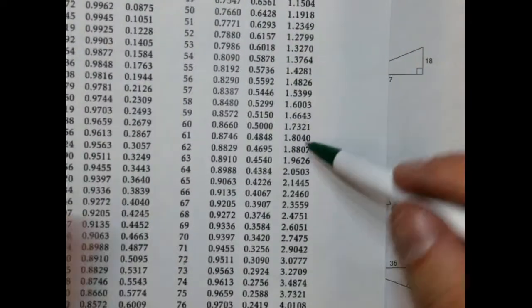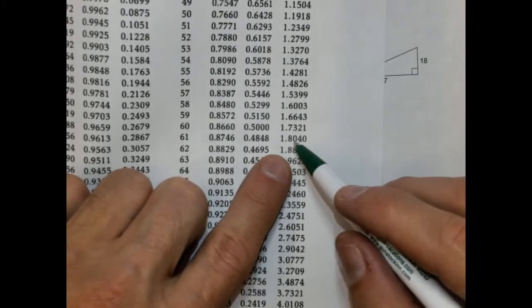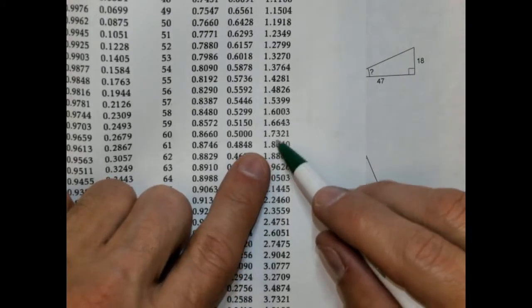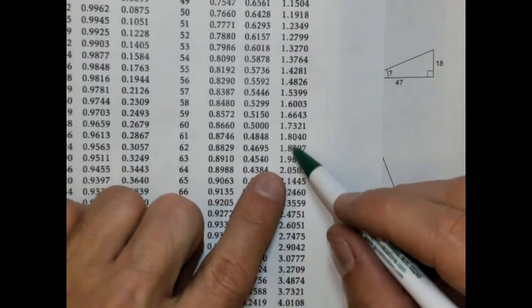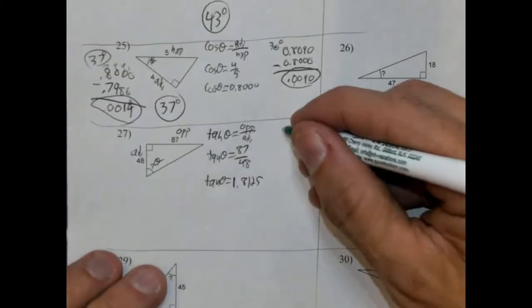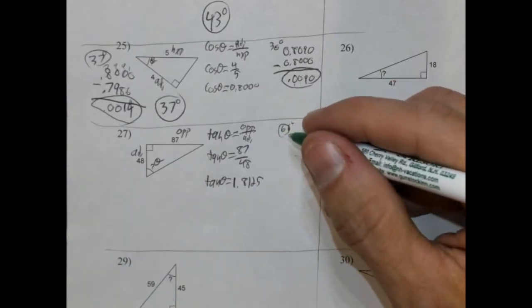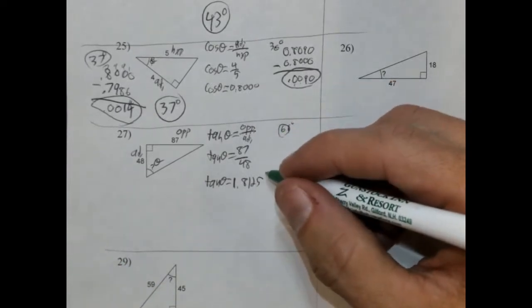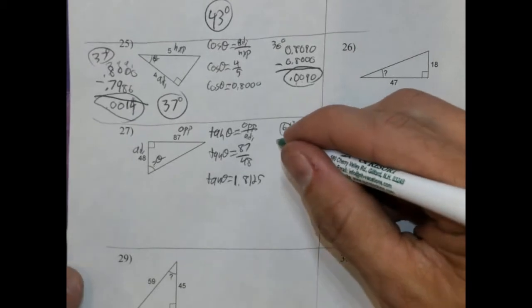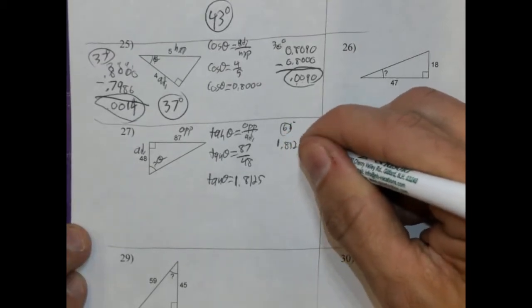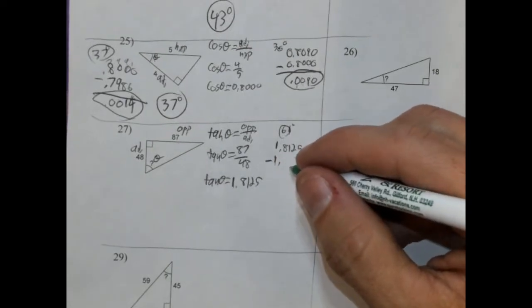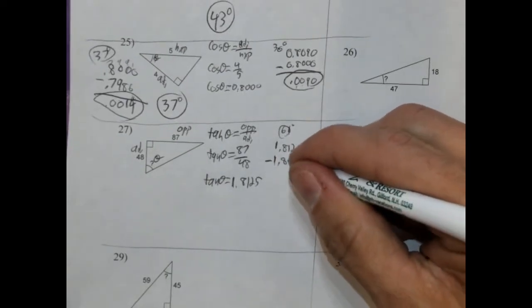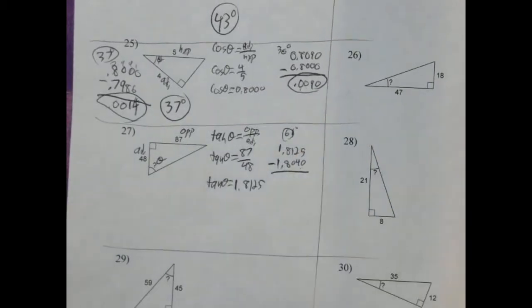Okay, let's look in our tangent column. 1.8125. So tangent is this last column. It's going to be in between these two values, which is 61 degrees and 62 degrees. So 61 degrees is going to be slightly smaller than that. So we're going to say 1.8125 minus 1.8040.